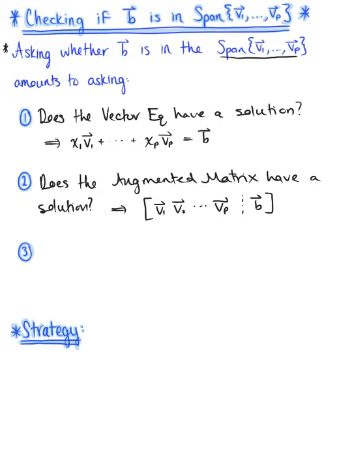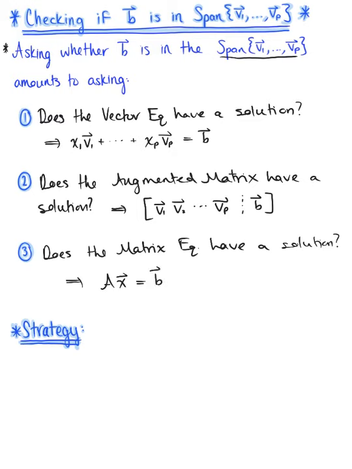Another way to ask this same question is, does the matrix equation have a solution? So in other words, does that matrix equation, matrix A times vector x, equal vector b?